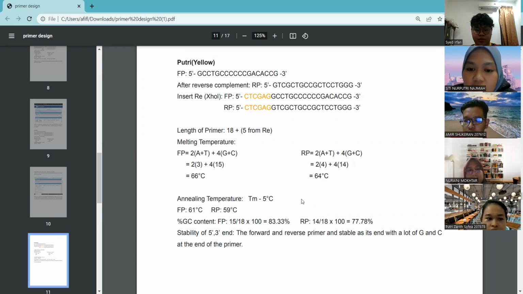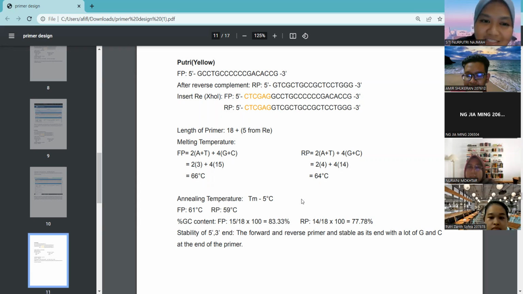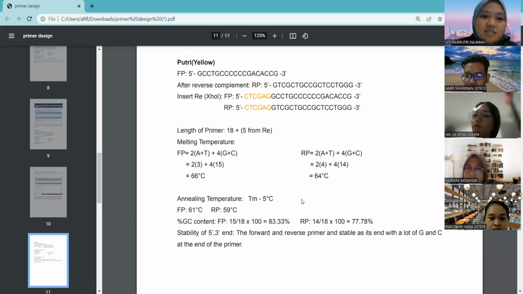And then for the melting temperature, I get 66 degrees Celsius for the forward primer, and for the reverse primer, I get about 64 degrees Celsius. I think it is a bit high, because the best range for the melting temperature is around 52 until 58 degrees.